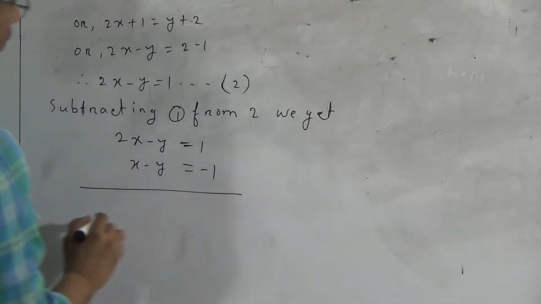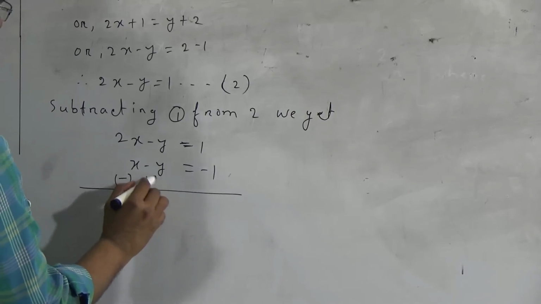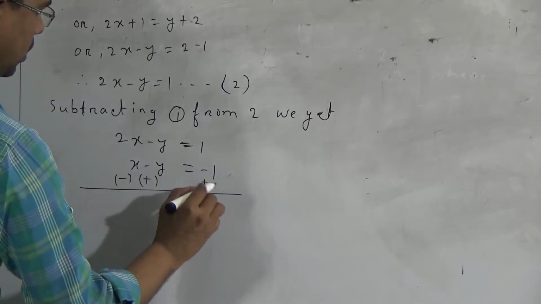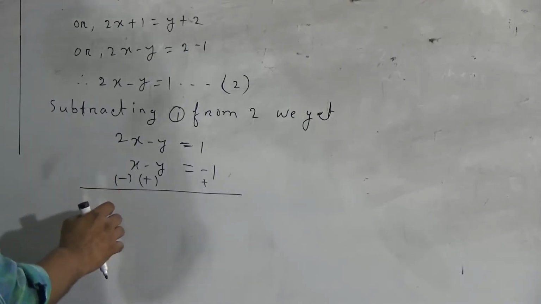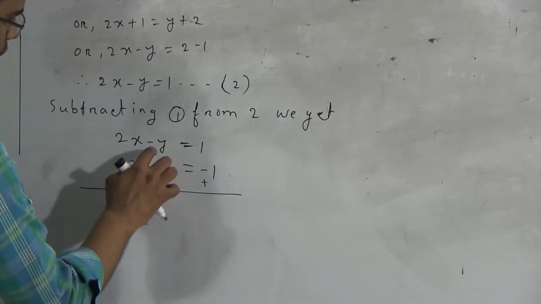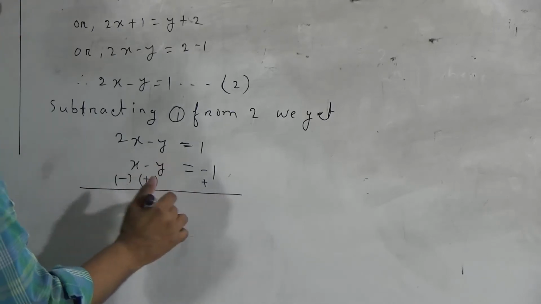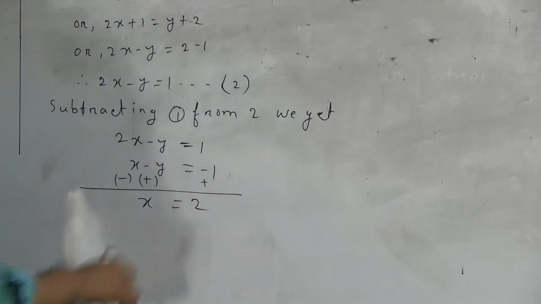At the time of subtracting, the signs will be changed. Now 2X minus X is equal to X, and minus Y and plus Y vanish. Now 1 plus 1 is equal to 2, that means the value of X is 2.